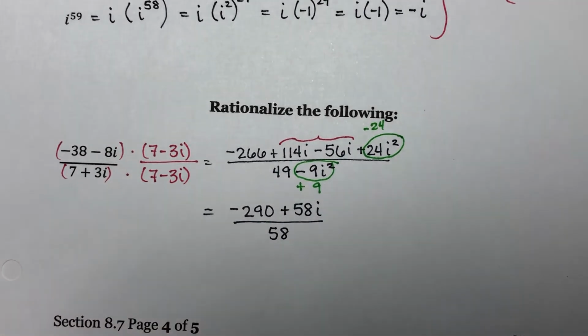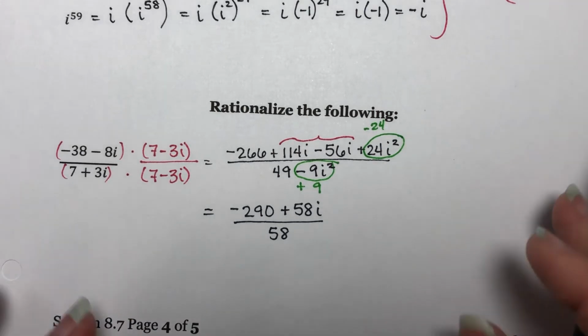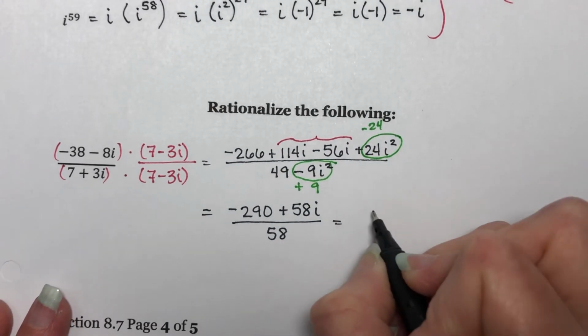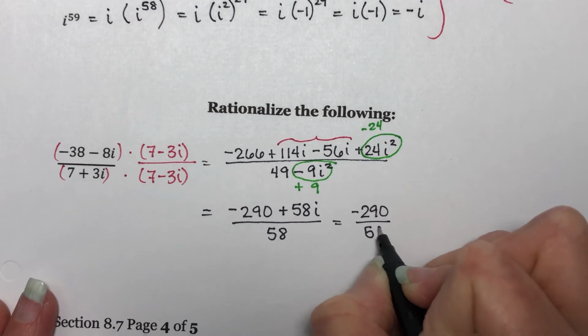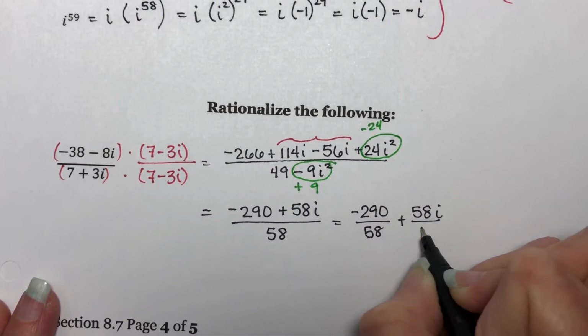Okay, so this is rationalized, but I also need to make sure that it is in lowest terms. Something else, if you remember back to the first page, I said that not only do they have to be in the correct order, but if you have a fraction like this, you need to split them up. So no matter what this ends up being, I need to split this up into negative 290 over 58 plus 58i over 58.